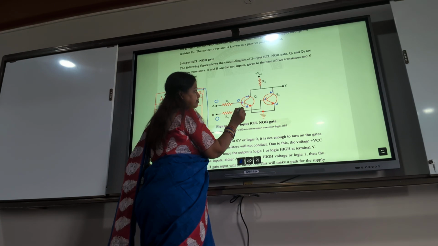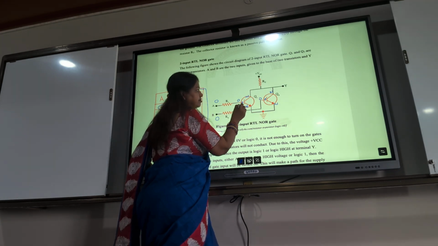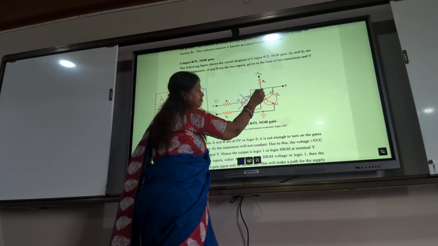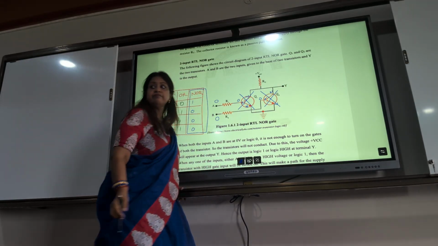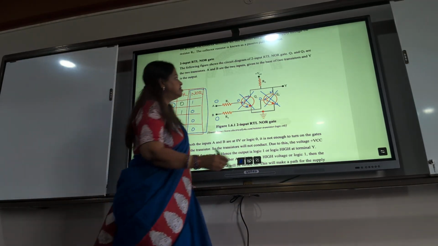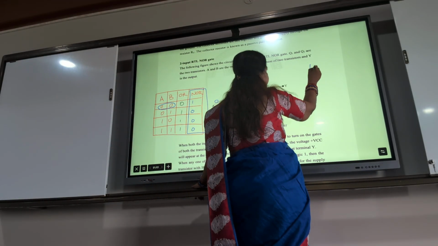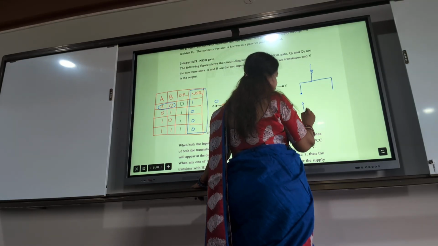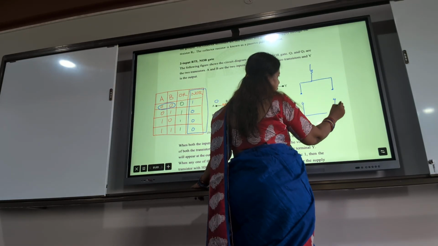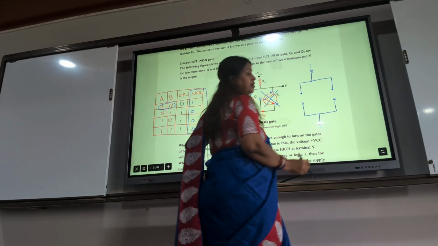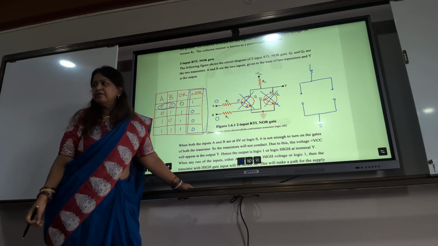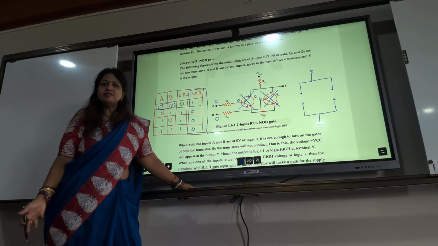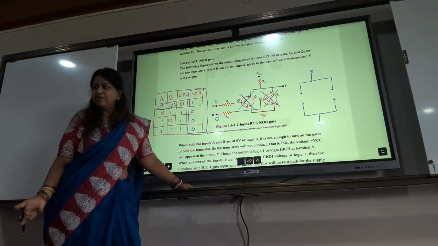0 is given here, 0 is given here. So that will turn off the transistors. They will not conduct. So it is taken as an open circuit. When the transistor is not conducting, it is an open circuit only. There is no current flow.